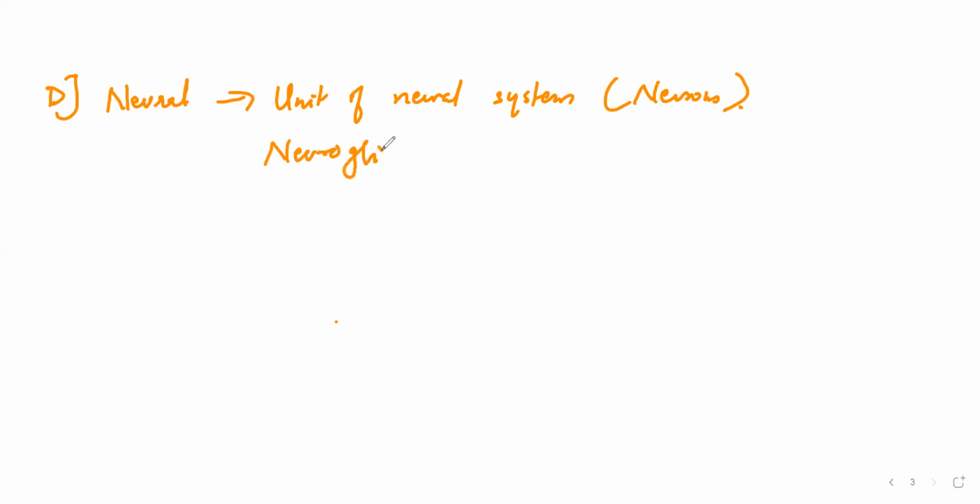Neuroglia cells. So these neuroglial cells help in two things. Okay, that is, first one is protection, and second one is the support. Now, whom does it support and protect? It's nothing but the neuron.